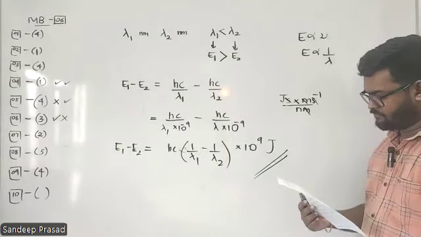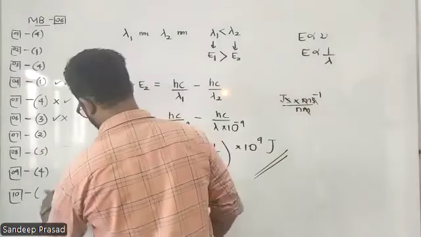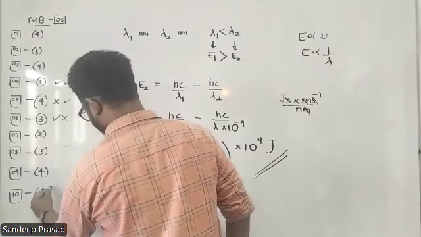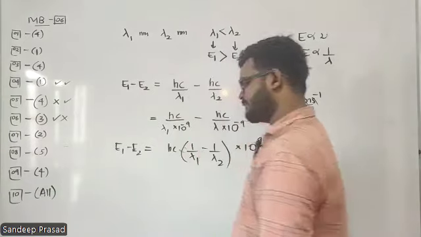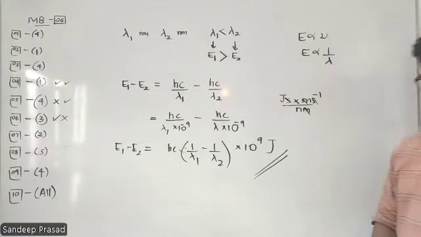Students, for question number 10, put the answer as all. We don't have a correct answer there. 10 to the power plus 9 joule is not there. Question number 10, answer is all. That means you have a free mark there.